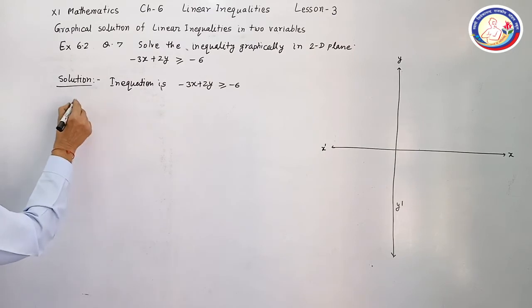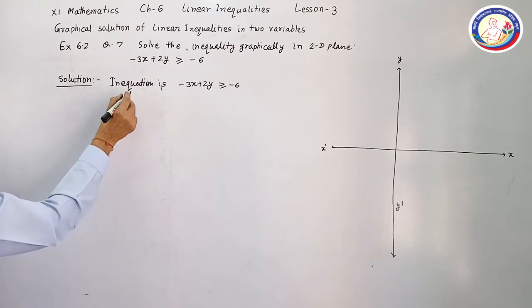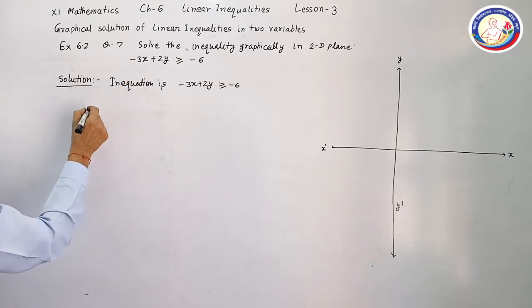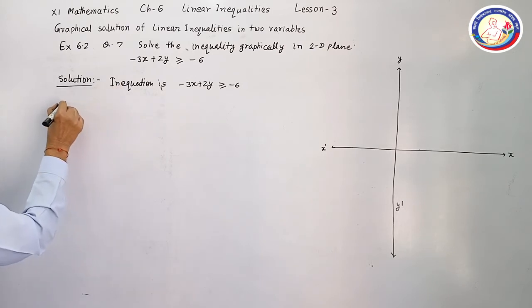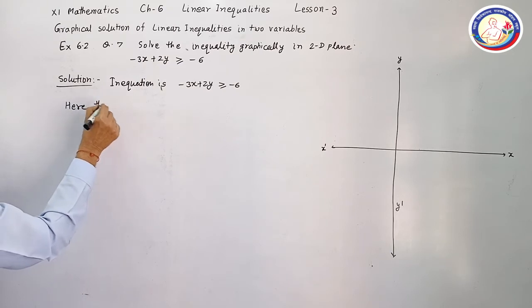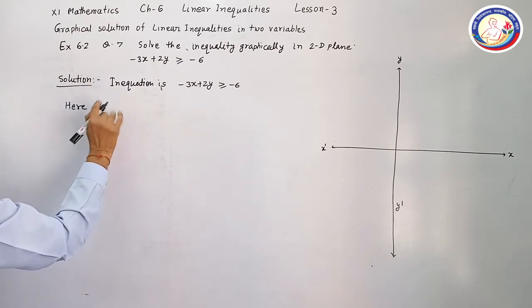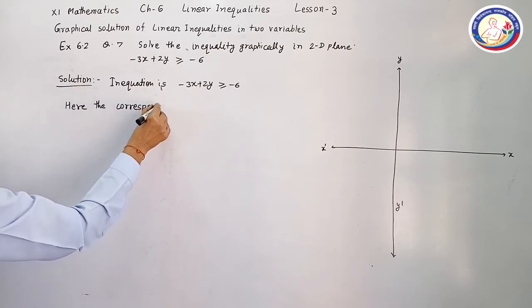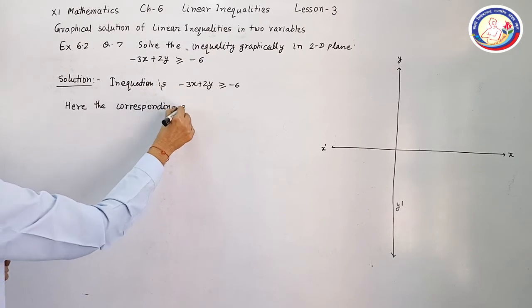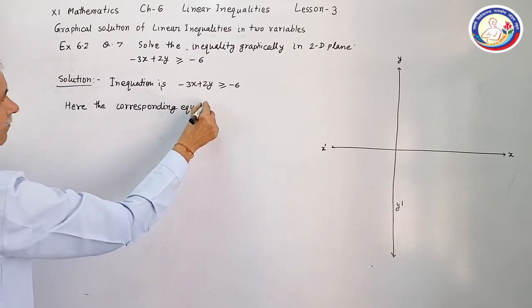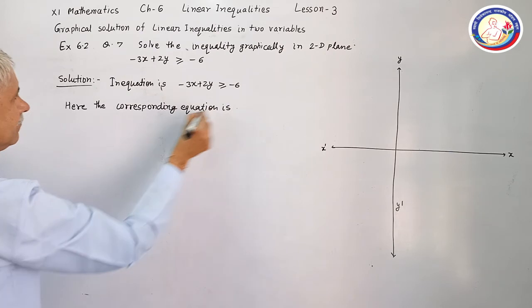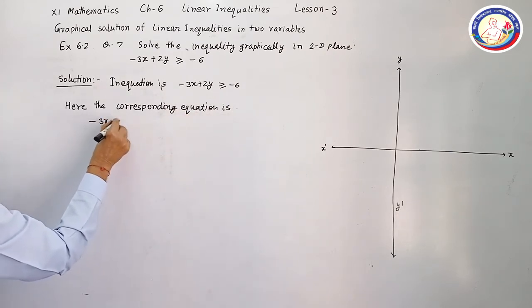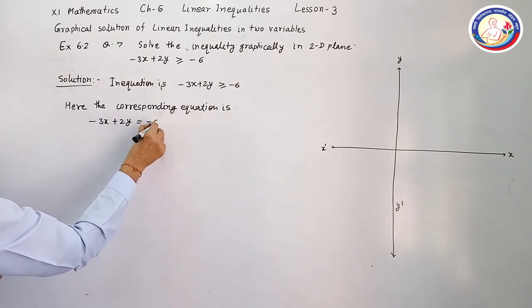So the related equation is minus 3x plus 2y is equal to minus 6.